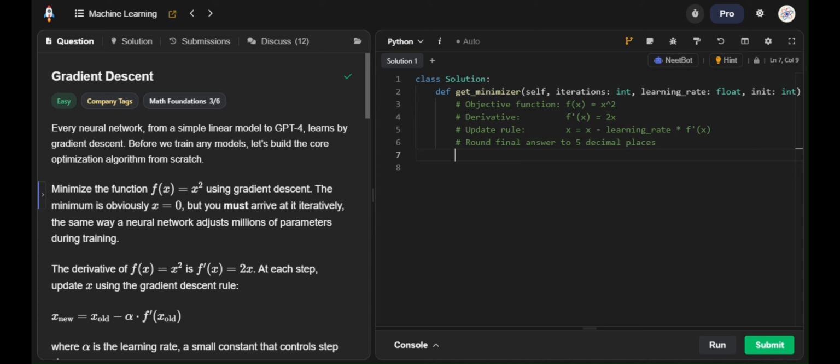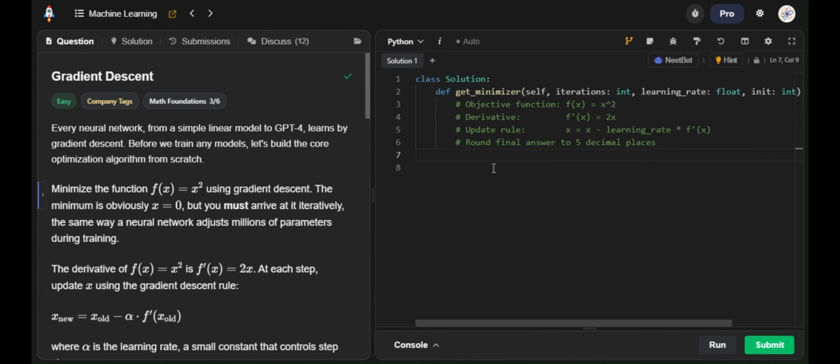Now we are going to implement a getMinimizer function which will be used to minimize the function f(x) is equal to x squared using gradient descent. So let's start. What we are given is the number of iterations that we are going to do, the learning rate, and the initial value of x.